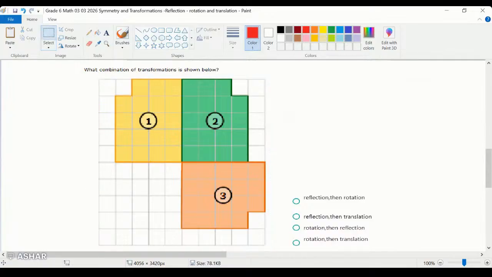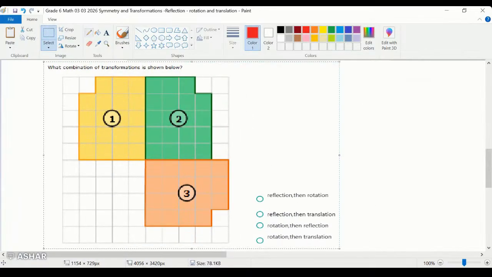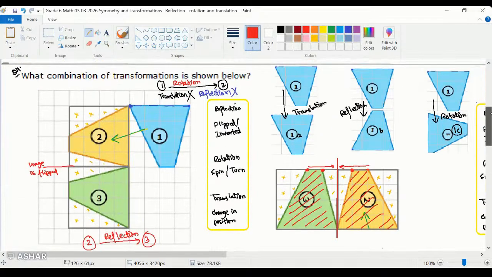So if this is our question number 1 from the test, what combination? Help me out, please. I'll just bring this for you so that you have a reference point.